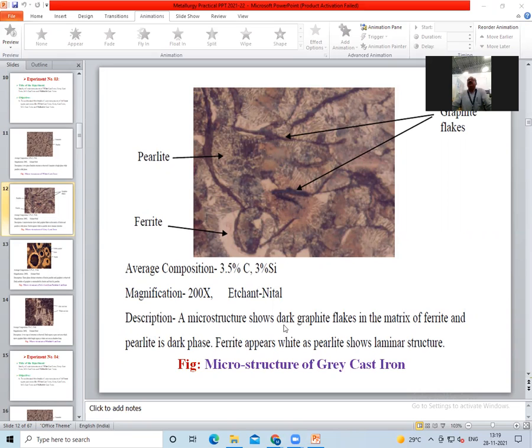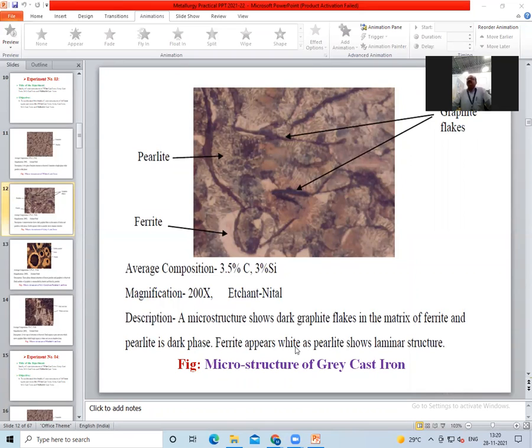And here the microstructure shows dark graphite flakes in the matrix of ferrite and perlite. So here is the ferrite, and here is the perlite, and this dark phase is the graphite.